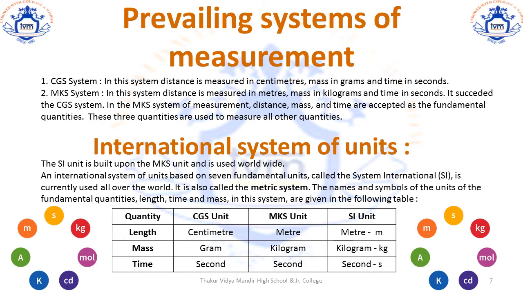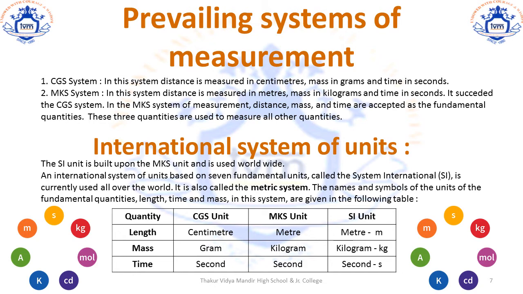MKS system succeeded the CGS system, meaning it was developed after the CGS system, which means that meter, kilogram and second were accepted as the fundamental quantities, and these three quantities are used to measure all other quantities using the MKS system.